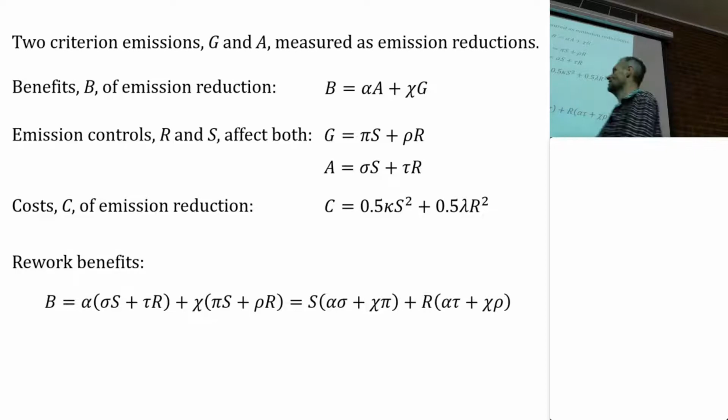So the benefit of greenhouse gas emission reduction equals rho, so that is how much our emission reduction reduces emissions, times chi, and chi is how much we care about our emissions, and the effect of our greenhouse gas emissions, tau, on air pollution, times how much we care about air pollution, alpha, right? So this makes intuitive sense.